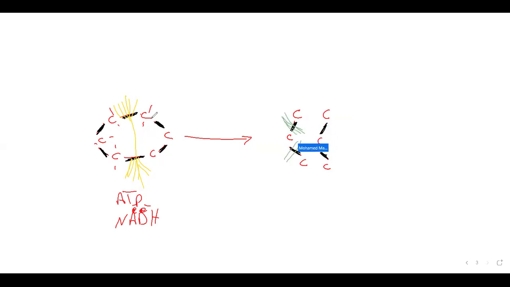We will break them and get the energy we need. Remember, when we break bonds, we get ATP and we get NADH, carrying energized electrons.